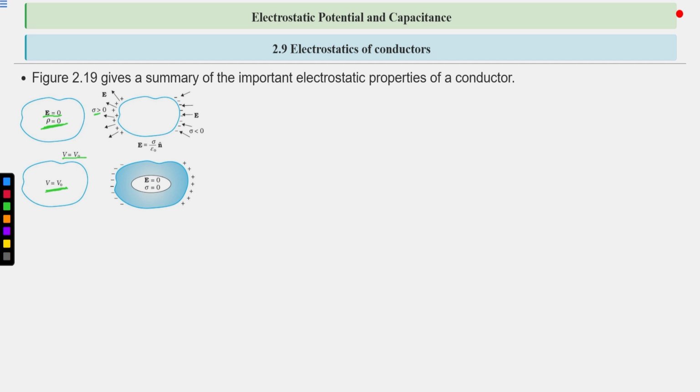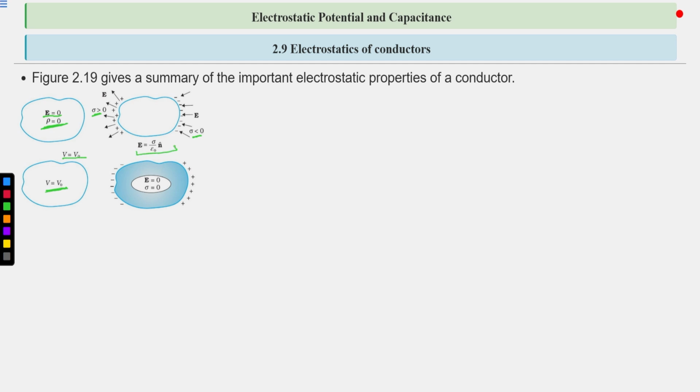So surface charge density is greater than 0 here, and surface charge density is less than 0 there. These charges distribute on the surface of the conductor in such a way that the electric field in the internal parts of the conductor becomes 0. And outside, it is sigma by epsilon naught.